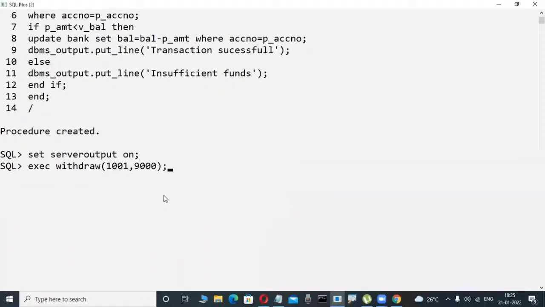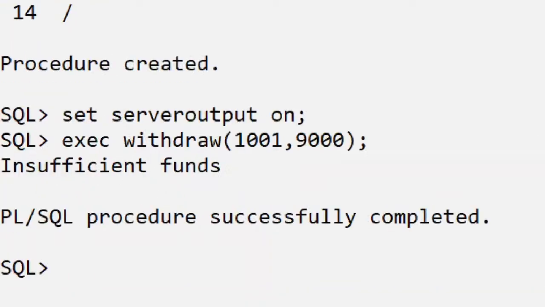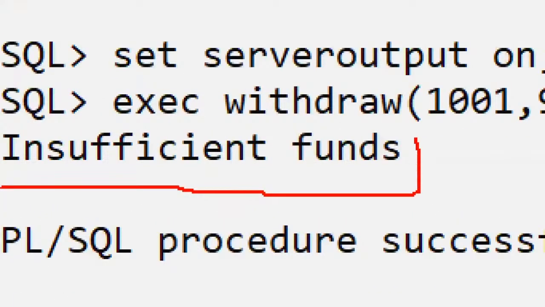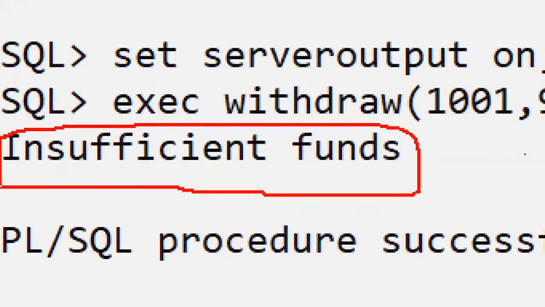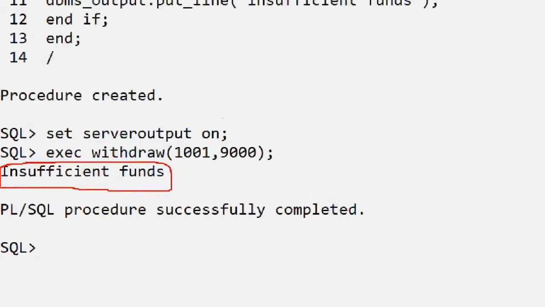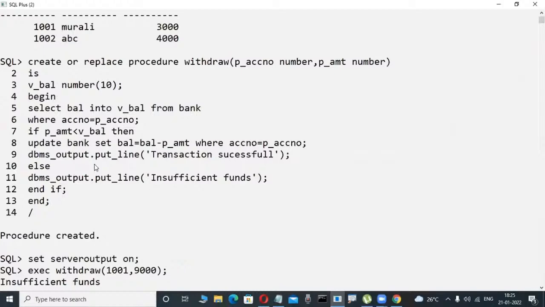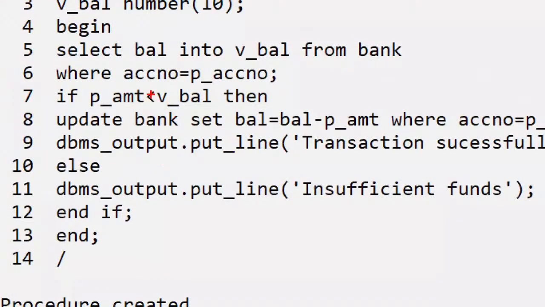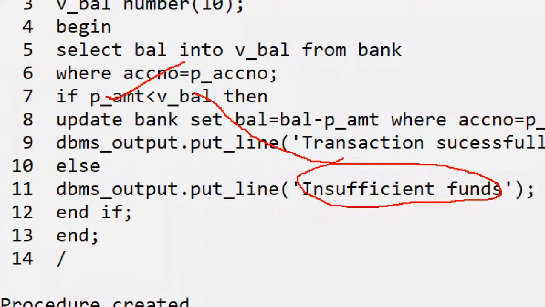Is withdrawing 9,000 possible? No. So it will give the message: insufficient funds. Your amount is more than the available balance, that's why insufficient funds. It will display the message or not? Yes.